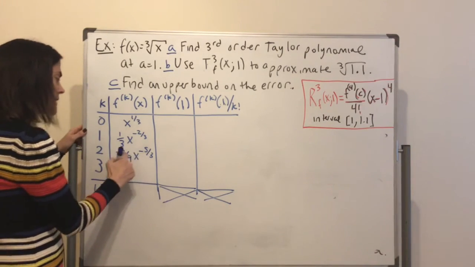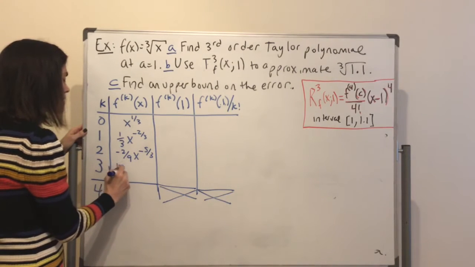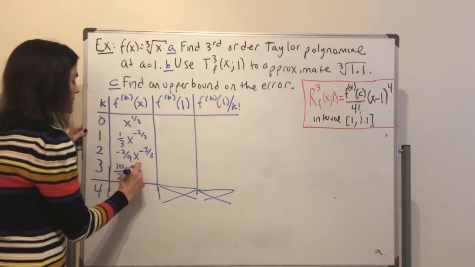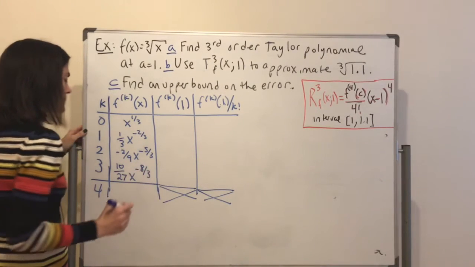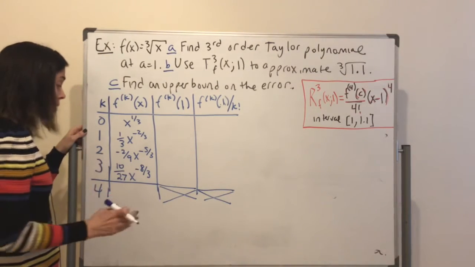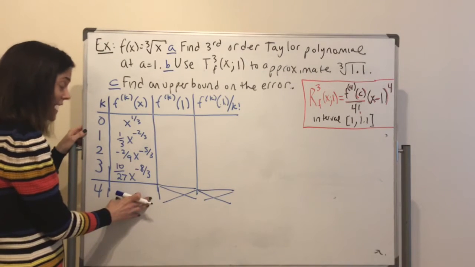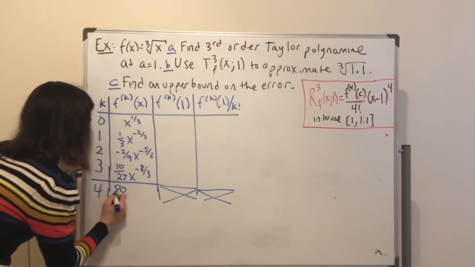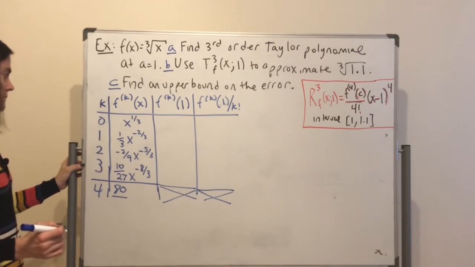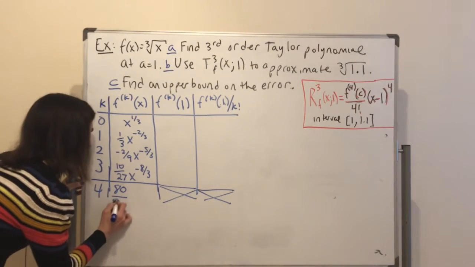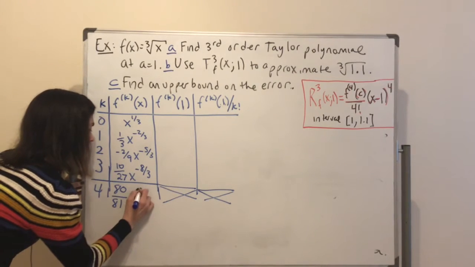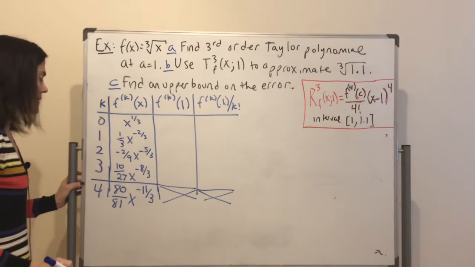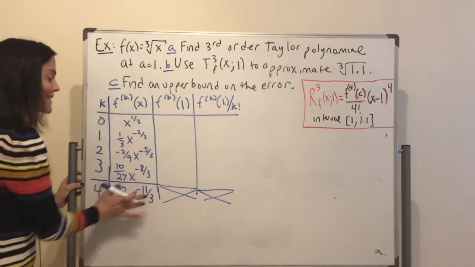Okay, and then I get positive 10 over 27 x to the negative 8 over 3. One more, this is what will come up in my error calculation. I get 80 over 81 x to the negative 11 over 3. Okay? I'll just leave that there.